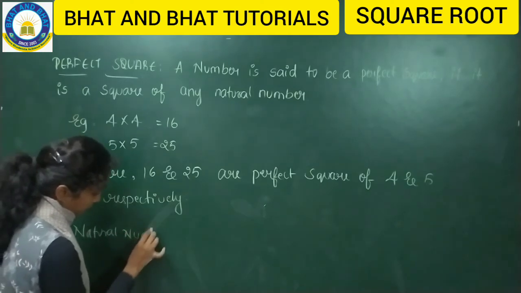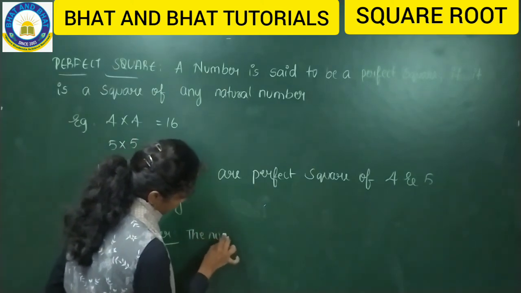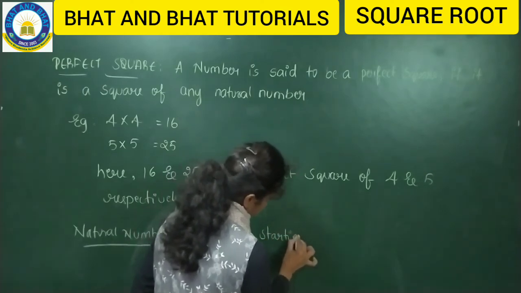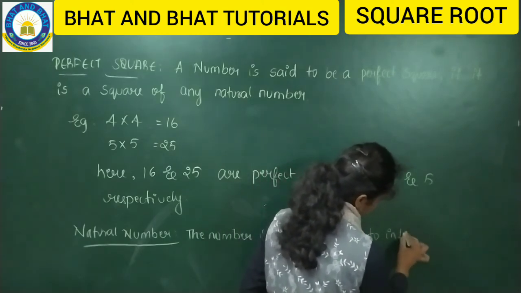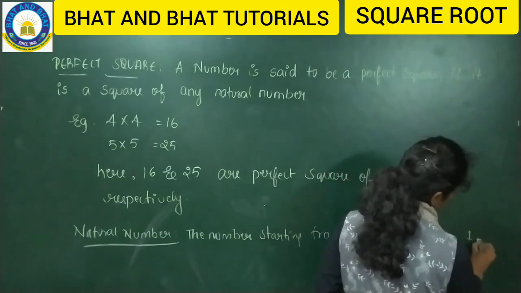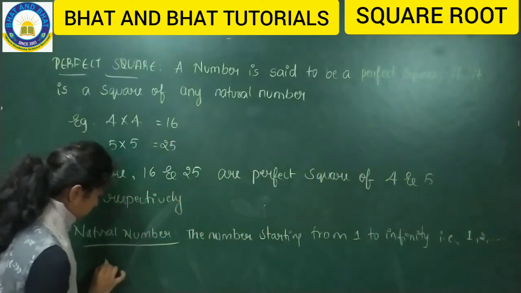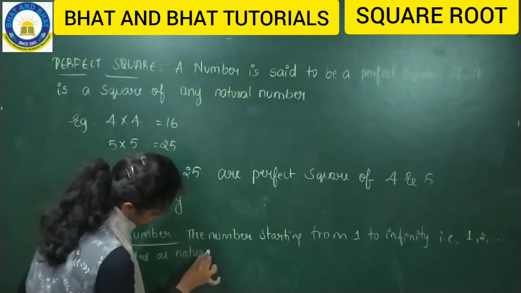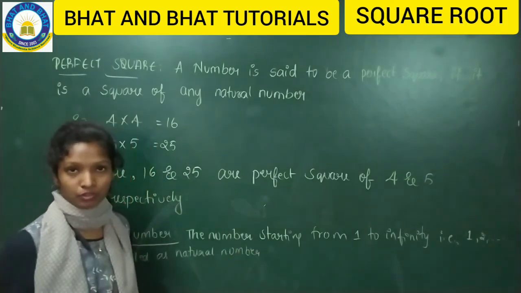Natural number: the numbers starting from 1 to infinity, that is 1, 2, and so on, are called natural numbers. So now you can take down the meaning of natural number. Copy down this.